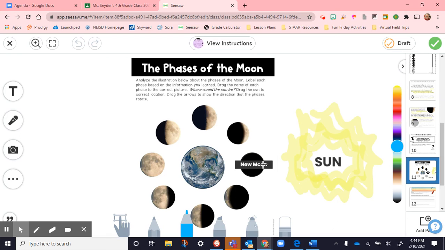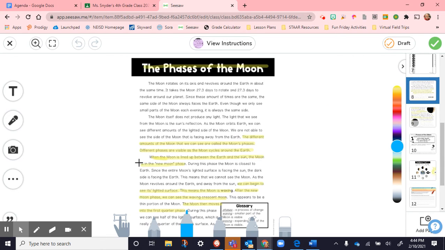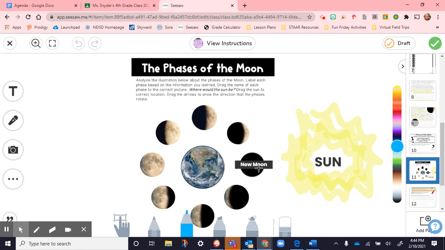When we saw here, we went back to this, where is it? Right here. When the moon is lined up between the earth and sun, the moon is in the new moon phase. So if you look at it, here it is in between, then this is new moon. So I labeled it new moon.